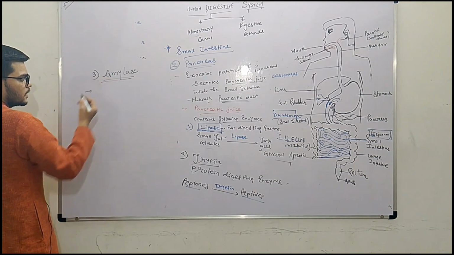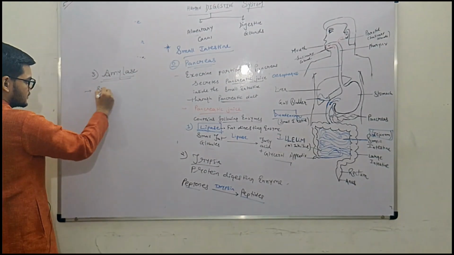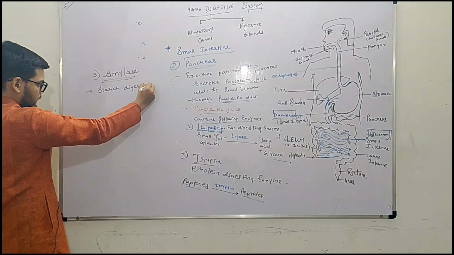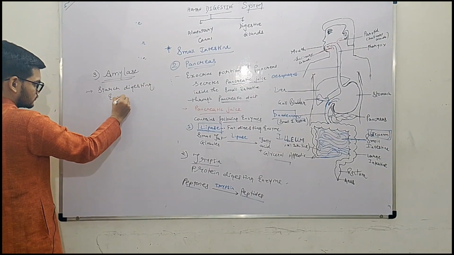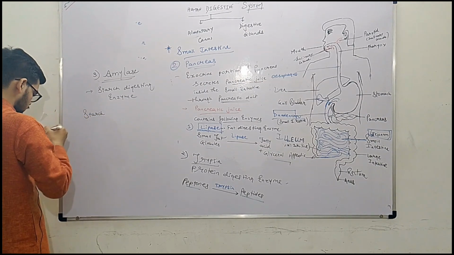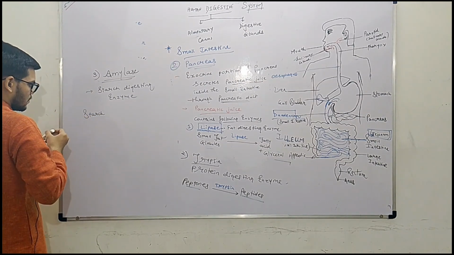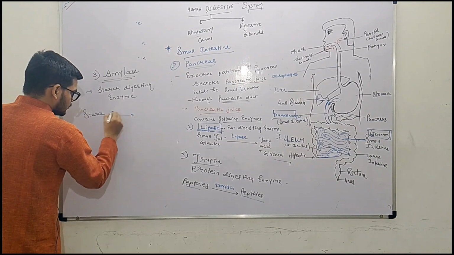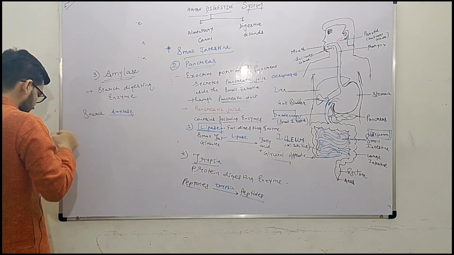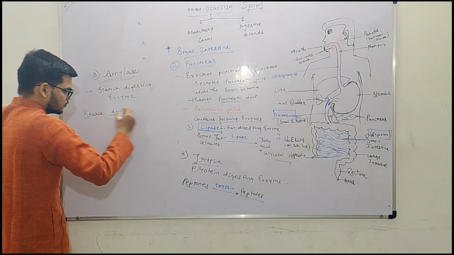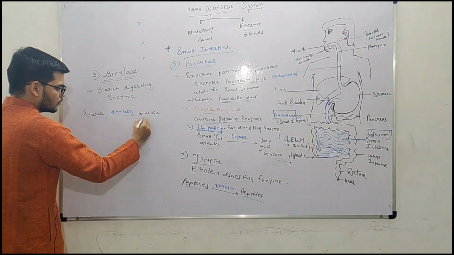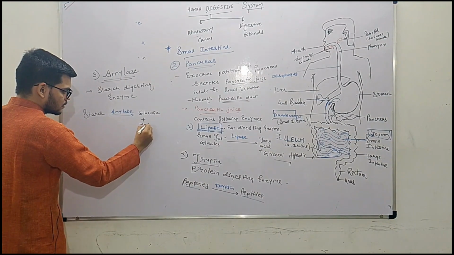This pancreatic amylase is a starch digesting enzyme. It will digest starch into simple forms, that is glucose and maltose.